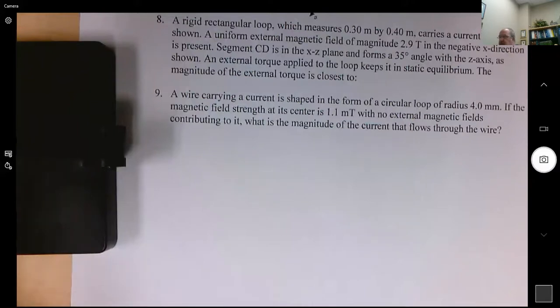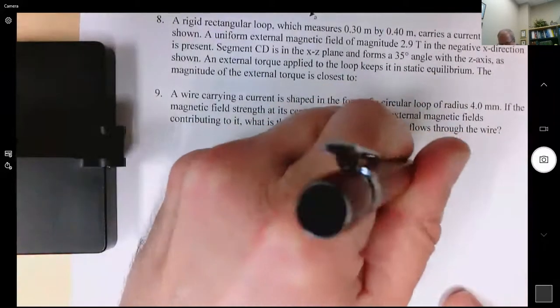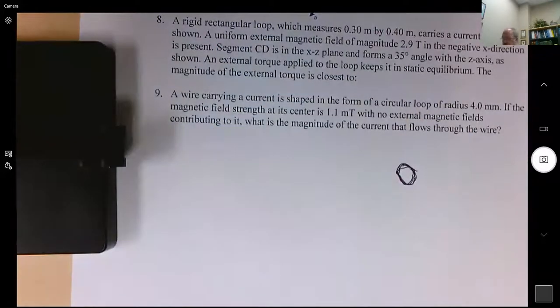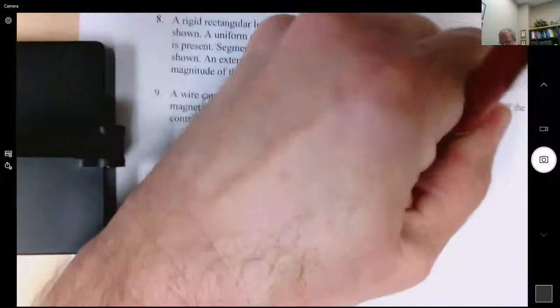If the magnitude of the magnetic field at the center is 1.1 millitesla, and there are no external magnetic fields contributing to it, we want to know the magnitude of the current in the wire. So I have a wire that's like this, and I've got a field going through it that is 1.1 millitesla.